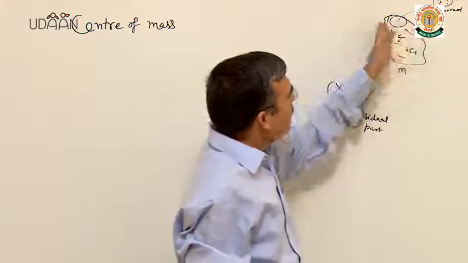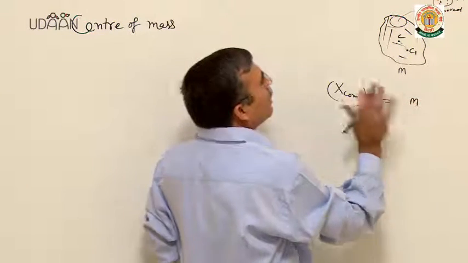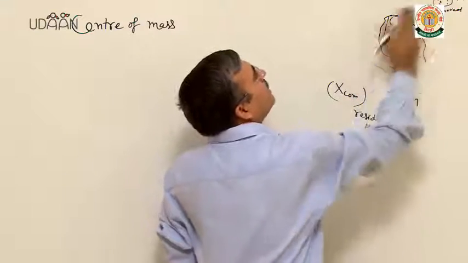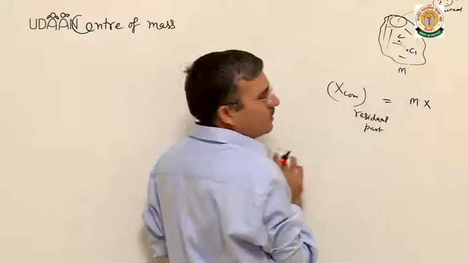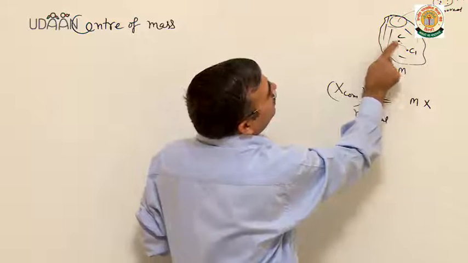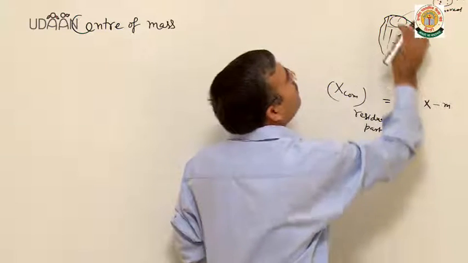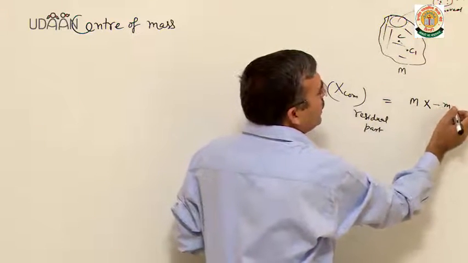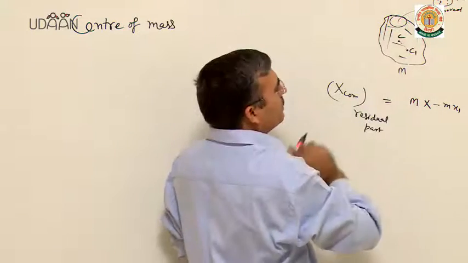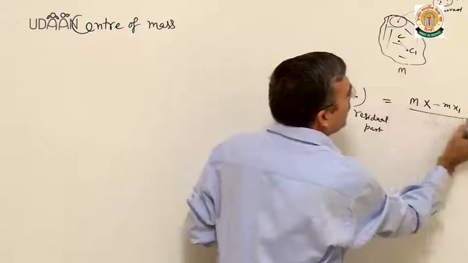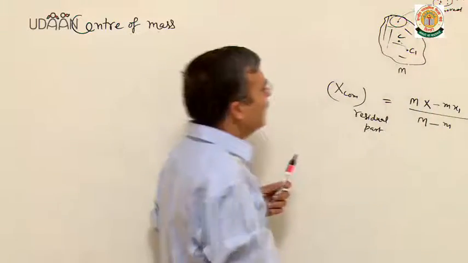For example, this part, after removing it, this will be equal to the total mass of the body when it is complete, then its x coordinate of center of mass is the x of the C point, minus small m, mass of the removed part, into x1, its center of mass at this position, divided by total mass of the body minus small m, mass of the removed part.